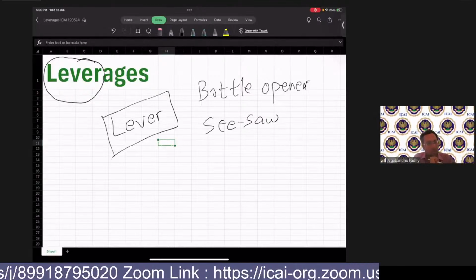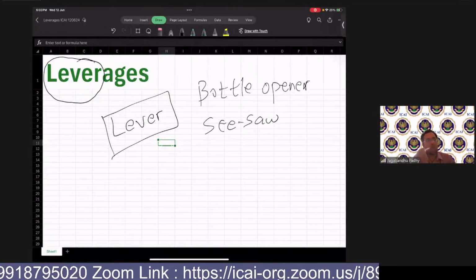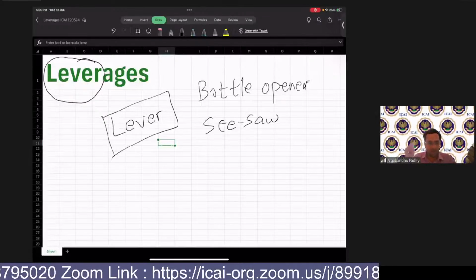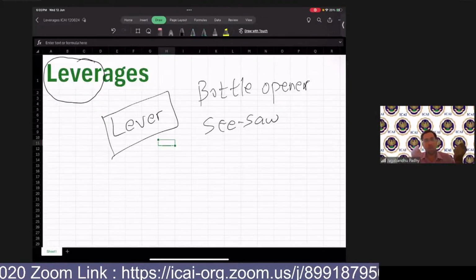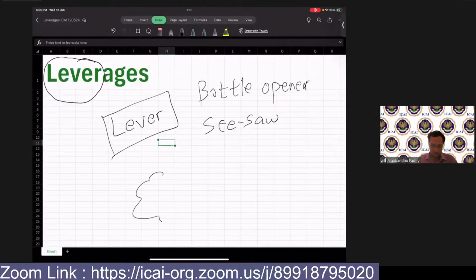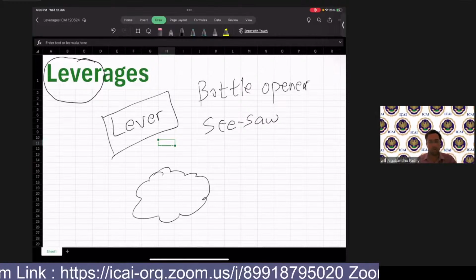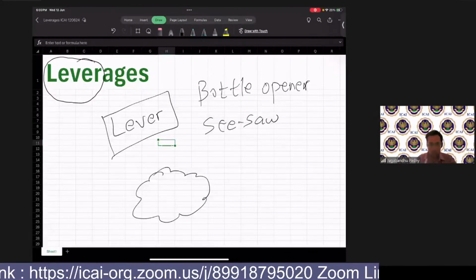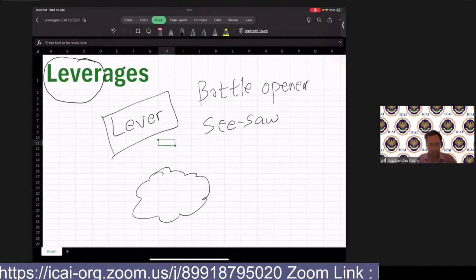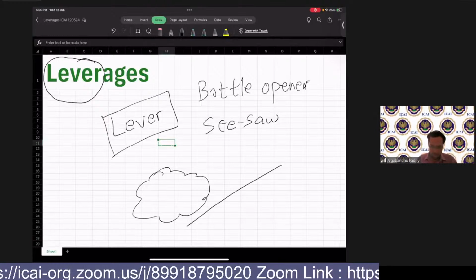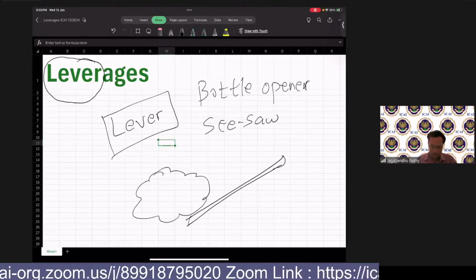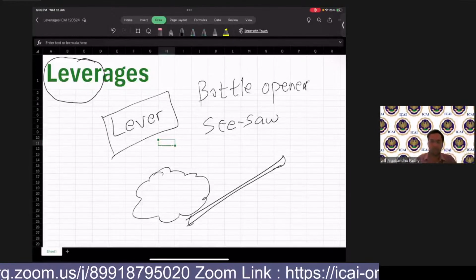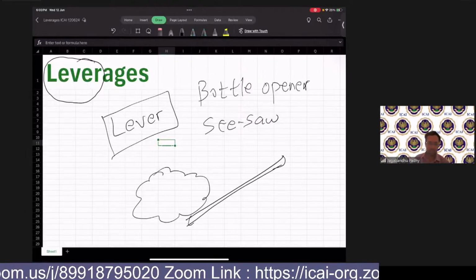Another could be a simple rod. If you have a big rock, a heavy load lying somewhere and you want to move it aside, just use a simple iron rod, put some pressure on it, and it gets shifted.